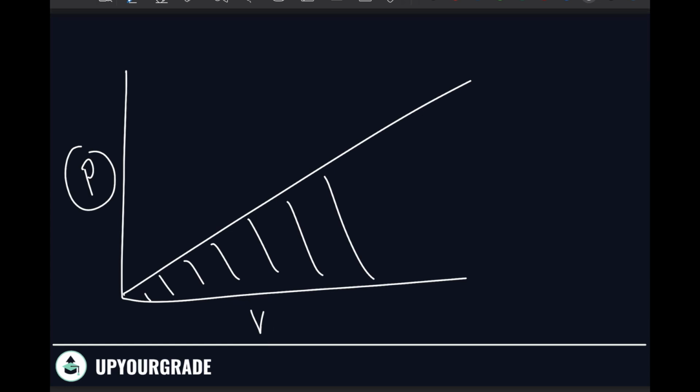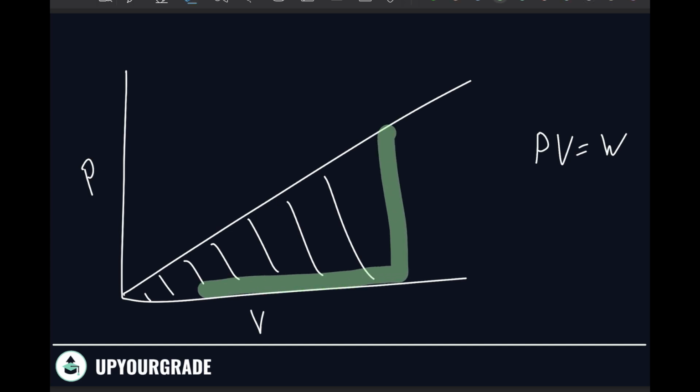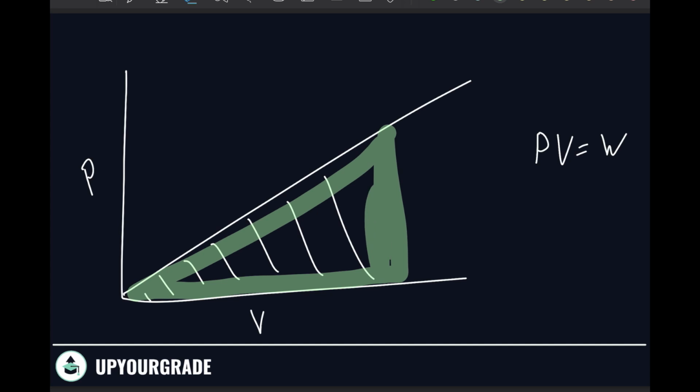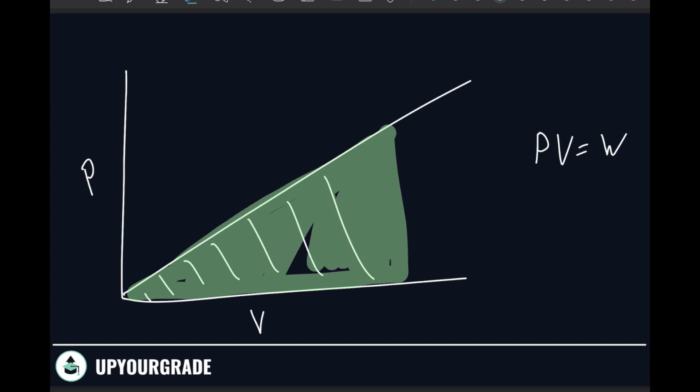So here, the y-axis, or pressure, multiplied by the x-axis, or volume, is equal to work. So if you get a pressure volume graph, then the area below the curve, or below the line in this case, is equal to the work done by the system, or on the system.